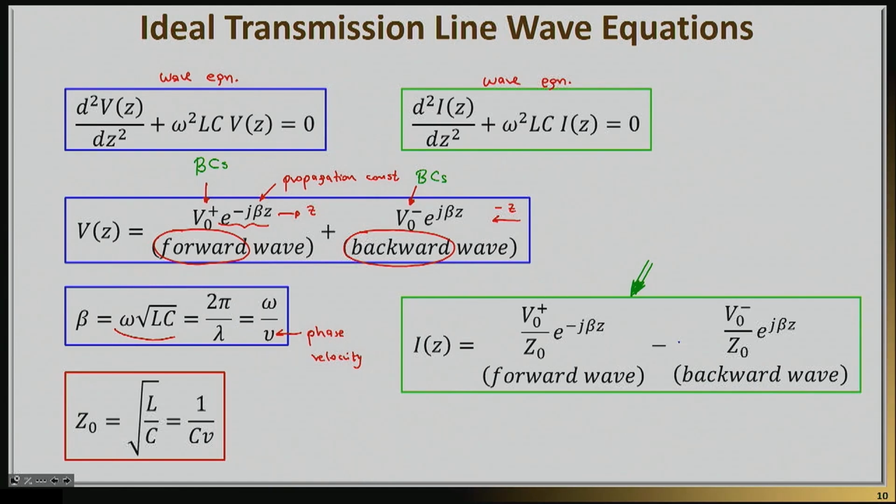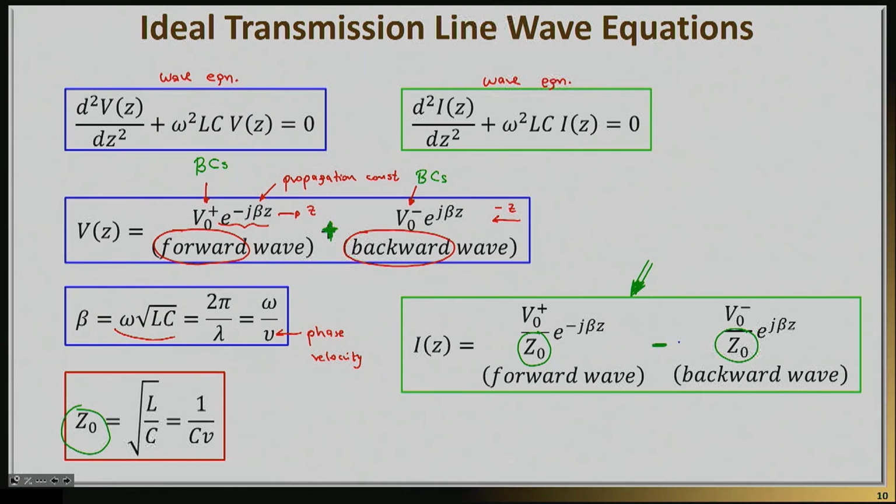The only difference is that you have this Z0, which is basically a constant, the square root of L by C. And you will also have this negative sign instead of the positive sign, which is just a direct result of differentiation.